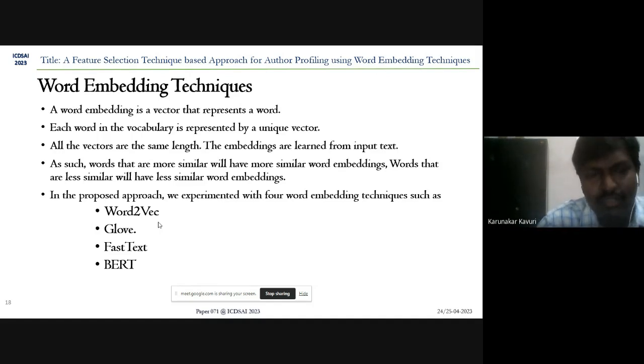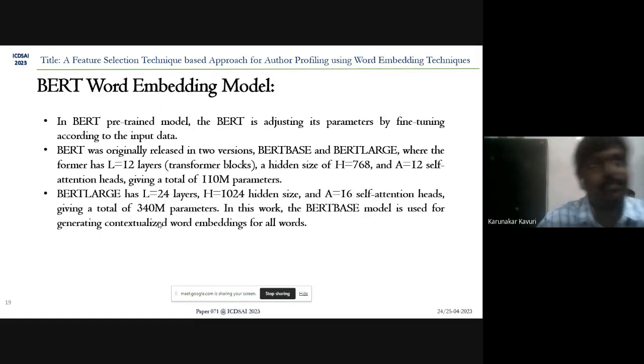Later on, I go for the BERT model. There are 2 types of BERT models, and both are pre-trained models. Actually, word2vec is created based on Wikipedia data. The 2 types of BERT models are BERT base and BERT large.